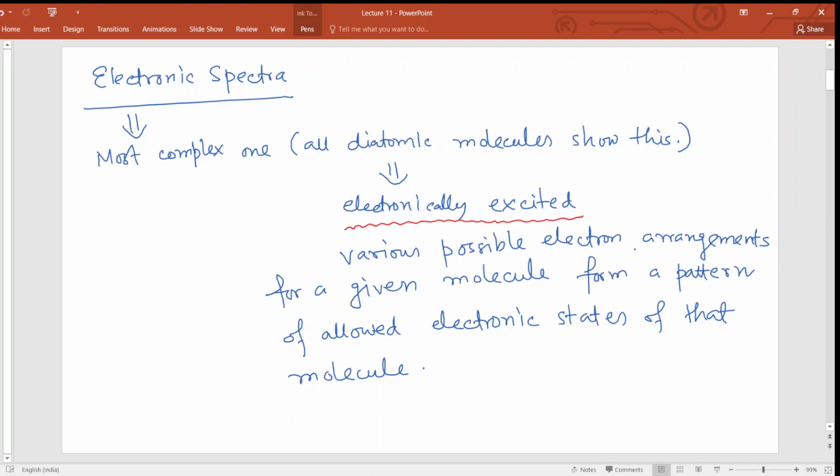Such electronic states are involved in the transition, which gives rise to the electronic spectra. As you know, any molecule will have electrons, and these electrons can be in different configurations and different states. That is why the electronic spectra also get influenced by different factors, which makes it a little bit complicated.